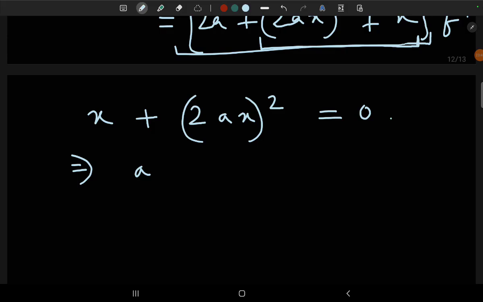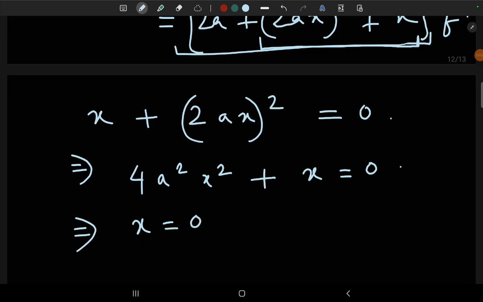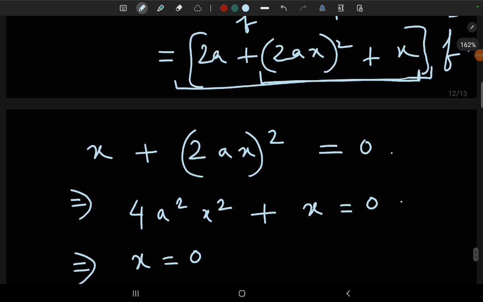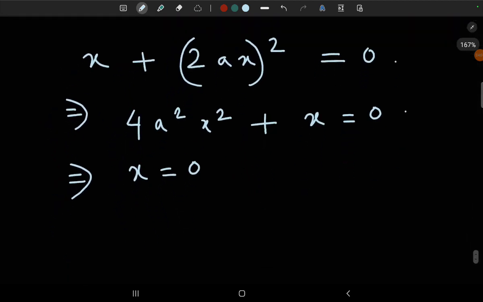So we have 4a²x² plus 2a plus x should be 0. One situation is x equal to 0, which is a trivial solution, because then the equation is valid for only one value, x equal to 0. So this is trivial.